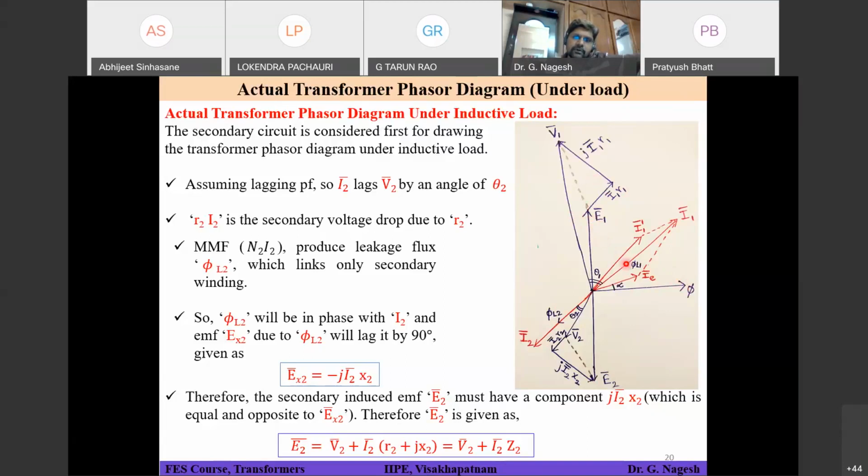Similarly, the voltage drop created because of flux phi L1 will also lead phi L1 by 90 degrees. Since phi L1 is in phase with I1, it should lead I1 by 90 degrees. So I multiply with plus j, which indicates 1 at an angle of 90 degrees.